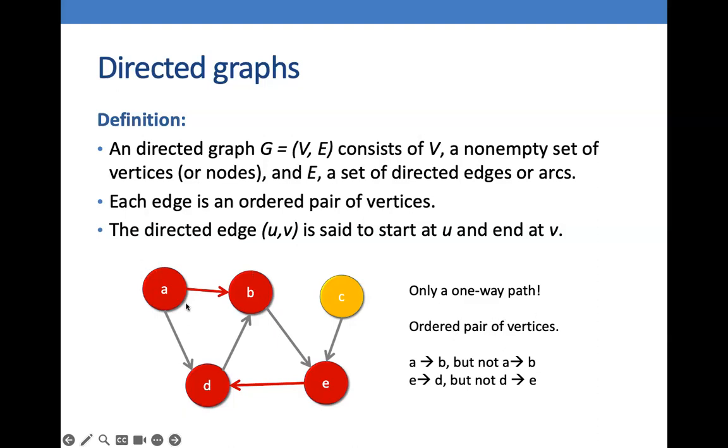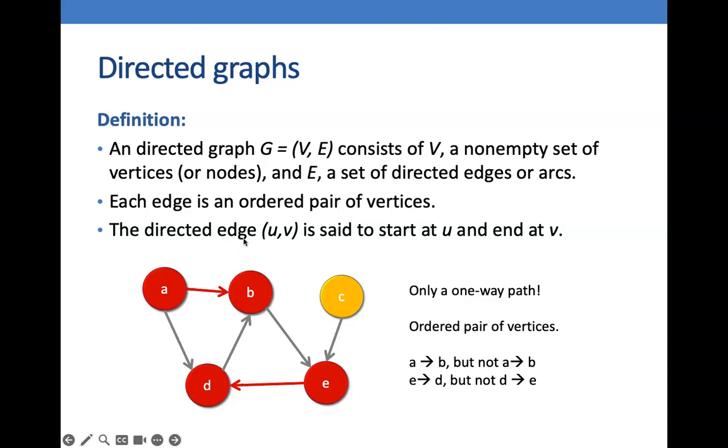In this example, we have a directed edge between A and B. The direction, or the order, is A to B, but not B to A. Here is another example: there is a path from E to D, but not D to E. As mentioned, a directed graph has only a one-way path.